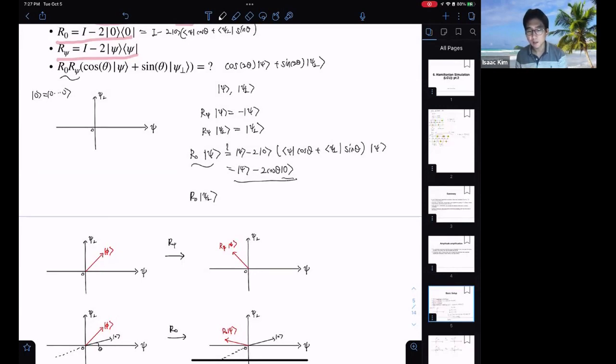And you can apply this n minus 1 more times to get cosine n theta psi plus sine n theta psi perpendicular.